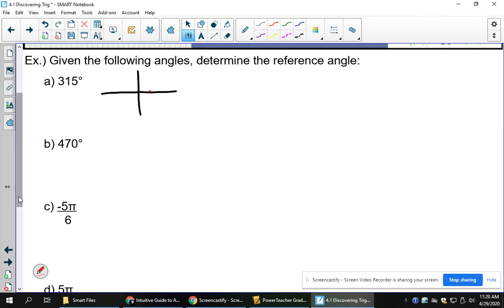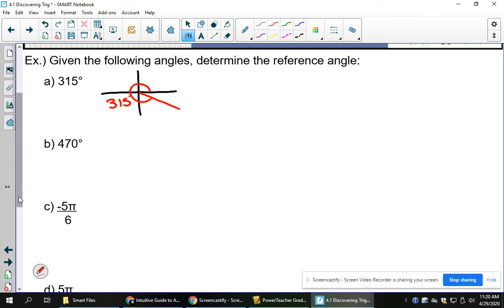Here I go. Positive x, I'm at 90, 180, 270. If I get all the way back, I'd be at 360. So I'm going to stop somewhere there in that quadrant. The red angle that I just swooped out in my drawing is 315 degrees.